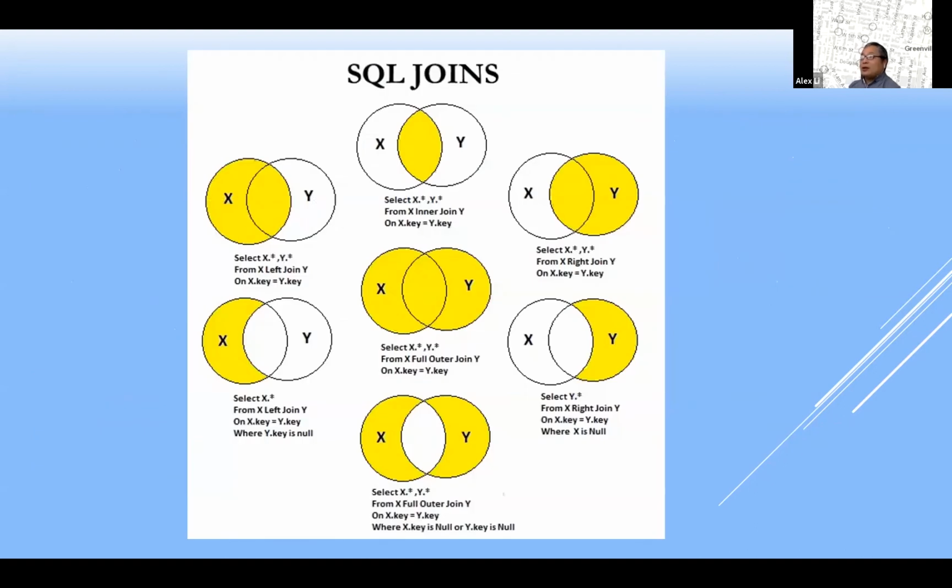So in this diagram, it explains when you use inner, outer, full join, left and right join, and it depends on what kind of records you want to see.